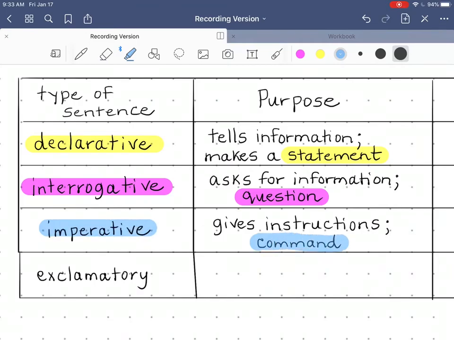I'll show you what they look like. Exclamatory shows strong emotion. Could be anger, happiness, fear, sadness, anything that is more than your regular everyday state of mind. So exclamatory sentences show strong emotion.